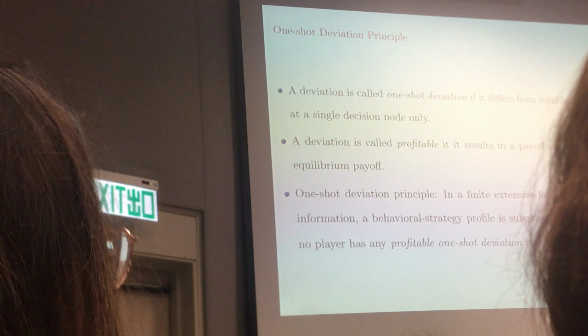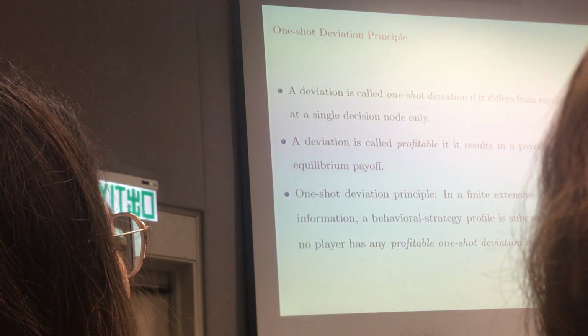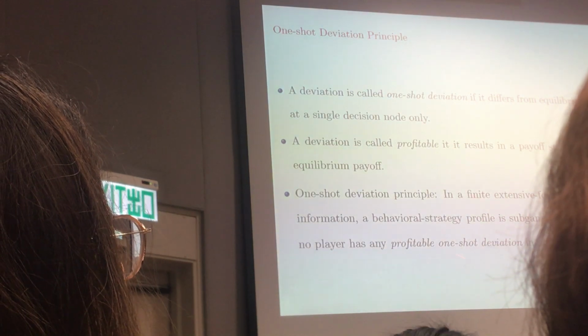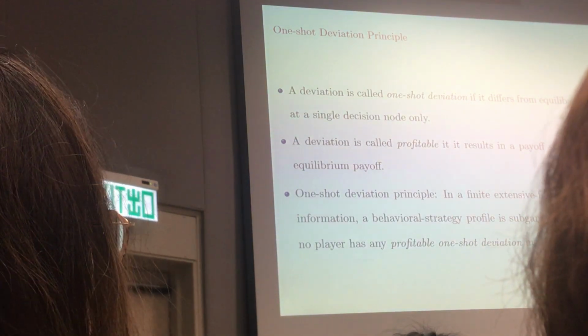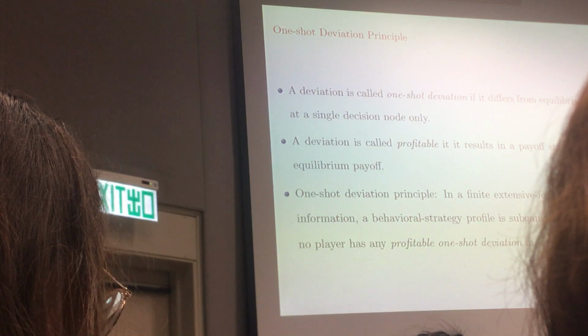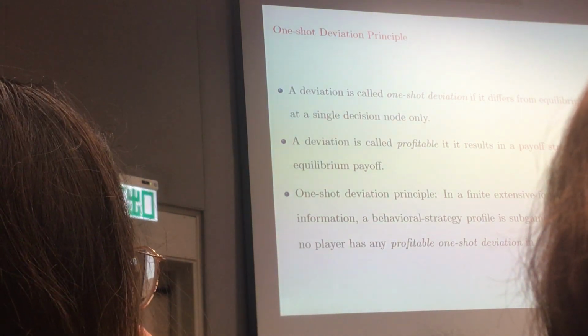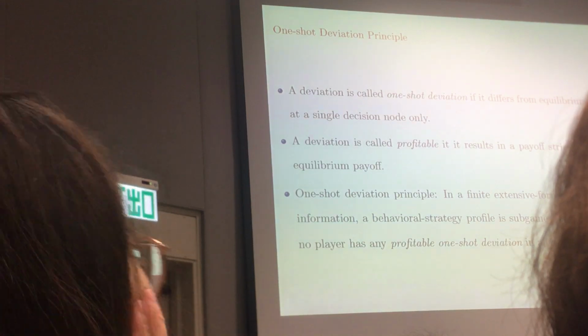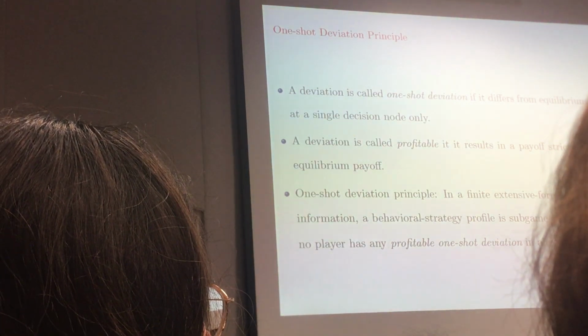That's the reason I specifically mention here that the one-shot deviation principle applies in this statement to extensive form games. I can make exactly the same remark for games with imperfect information as well.